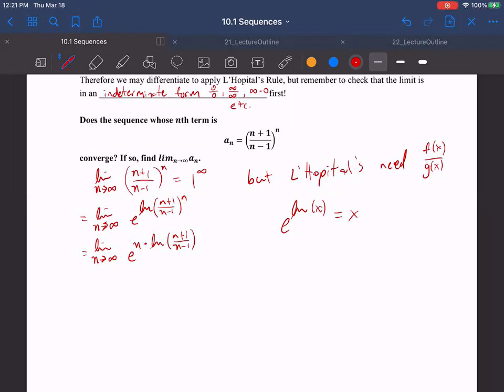So now we don't have that exponent up there anymore. And so here what we can do at this point is let f of x equal e to the x.